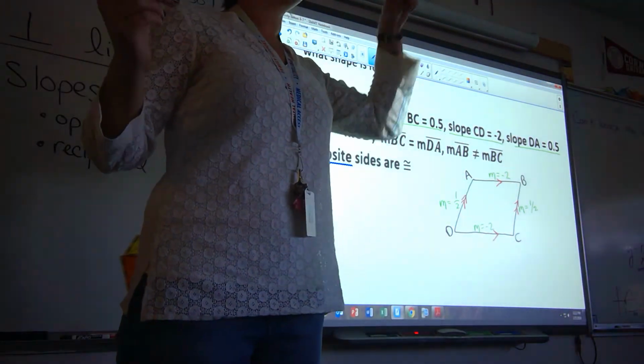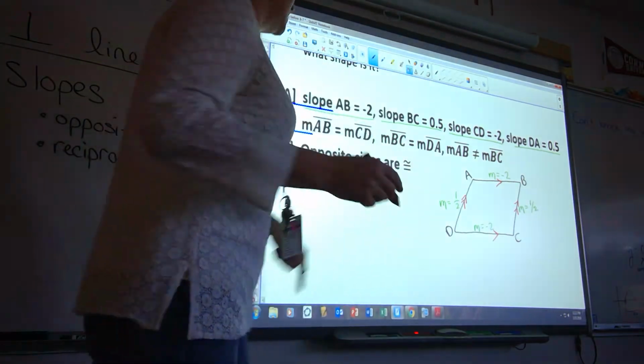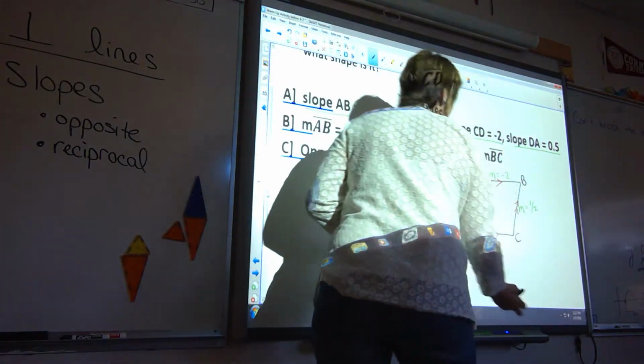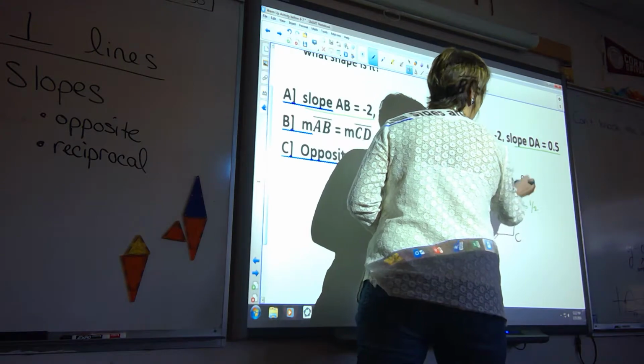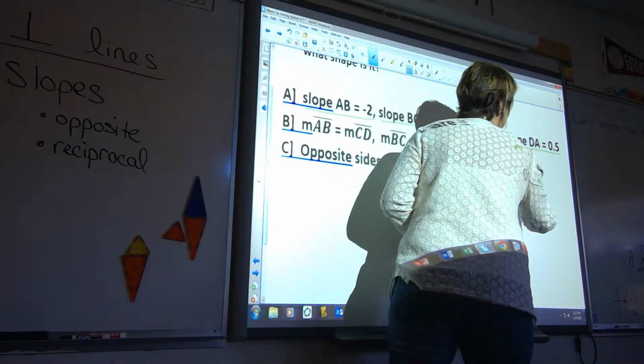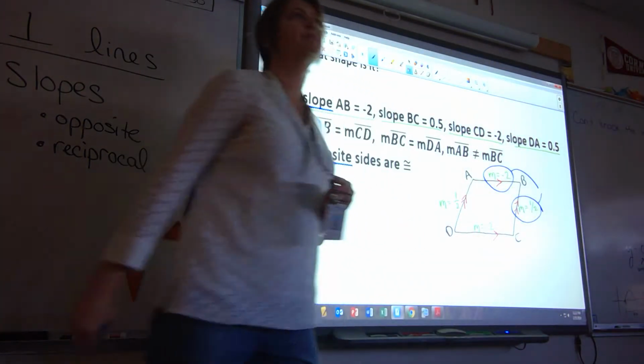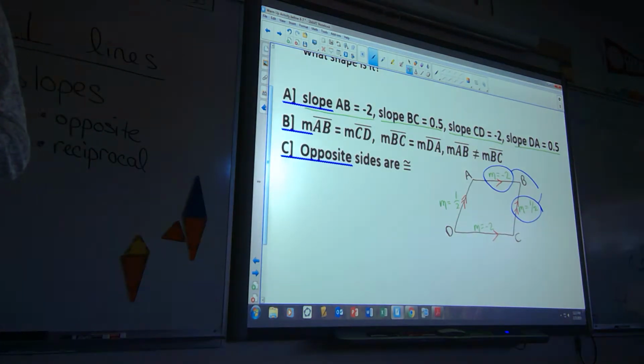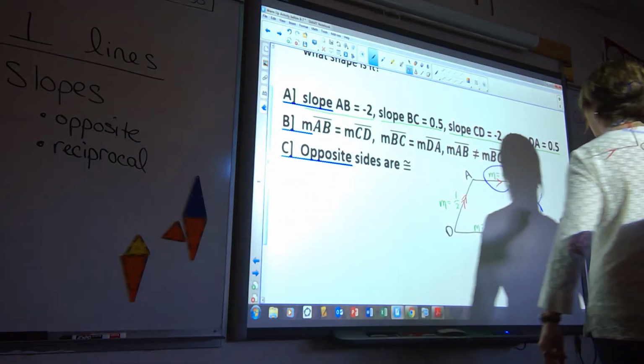The question is, can we call it a more special type of parallelogram? Then you have to look at this and ask, do this slope and this slope have a special relationship to each other? They're perpendicular. Do they happen to be opposite reciprocals? Yes, they do. So these are perpendicular.